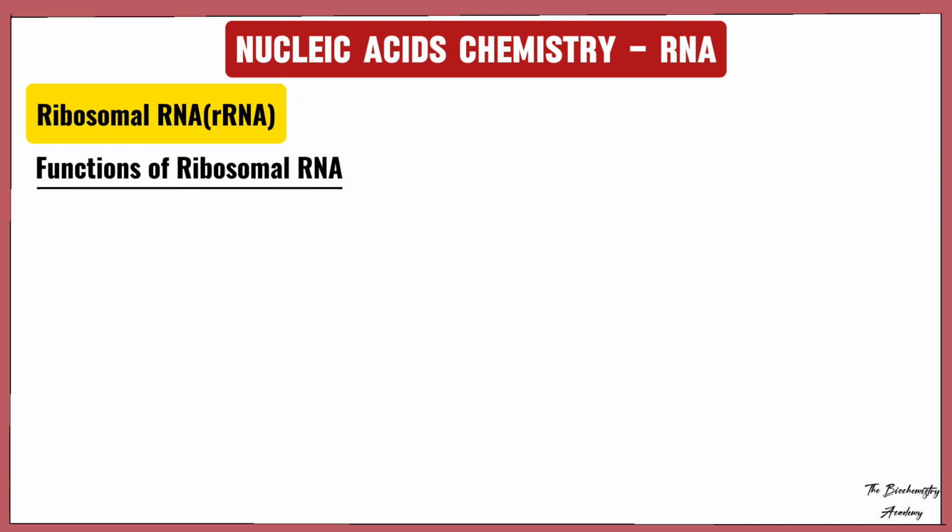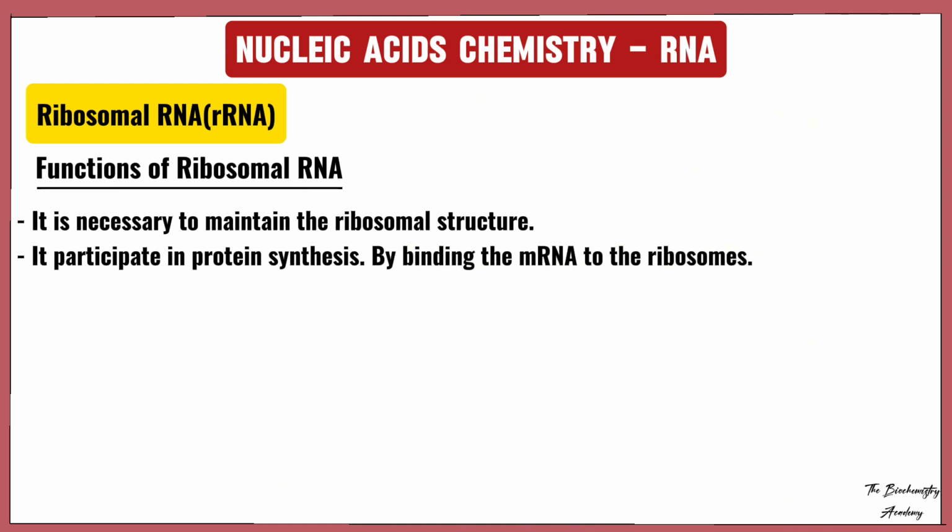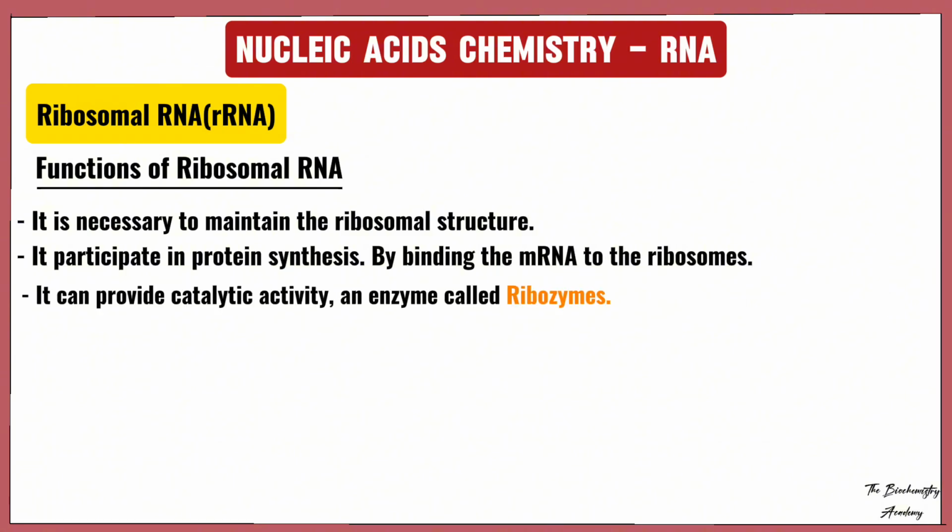Now, it is necessary to maintain ribosomal structure, and it also participates in the process of protein synthesis by binding the mRNA to the ribosomes. Now, in recent studies, ribosomal RNA may also provide some catalytic activities and thus act as an enzyme called a ribozyme.